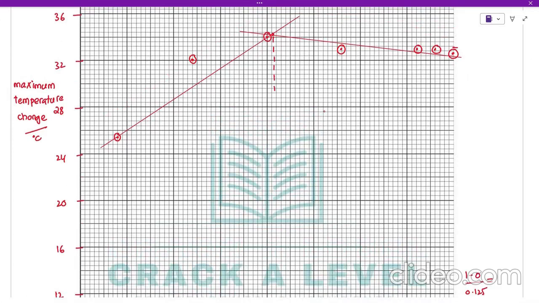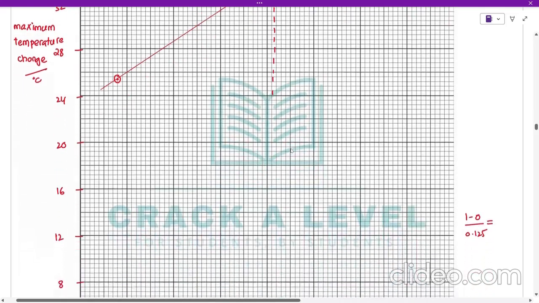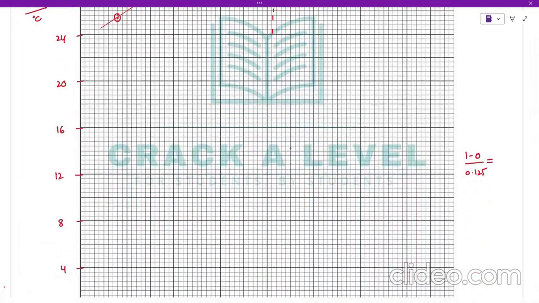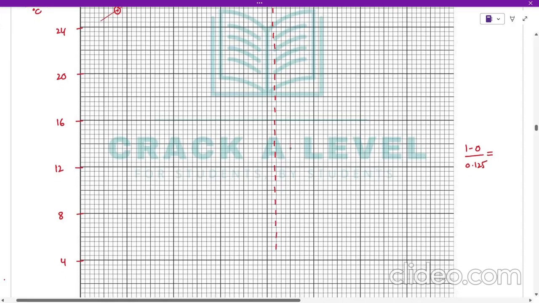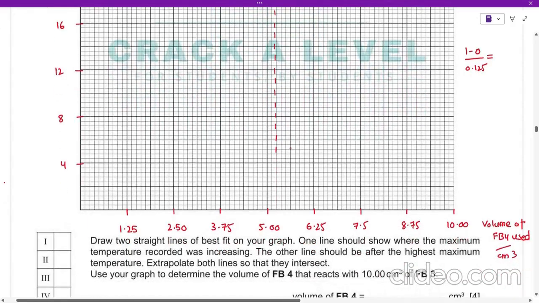So this will be the point at which it reacts with 10 cm cube of FB3, because when it perfectly neutralizes, it will cause a maximum temperature change. So this will be actually the point. Let's interpolate it. So it will give us the value on the x-axis, which is the volume of FB4 needed.